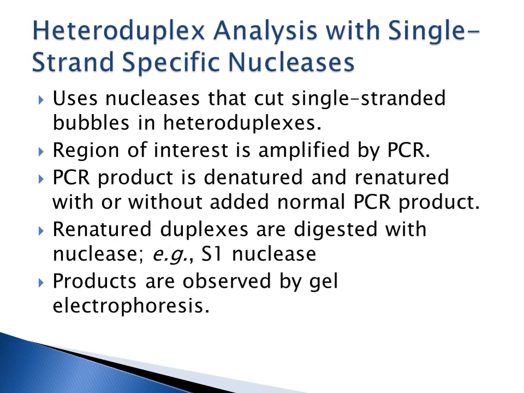Your amplicon is going to be denatured and then renatured, either with or without adding your normal PCR product. Those renatured duplexes are then digested with your nuclease enzyme, and then you look at your products using gel electrophoresis.